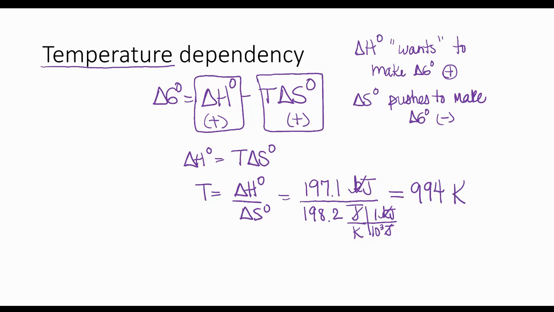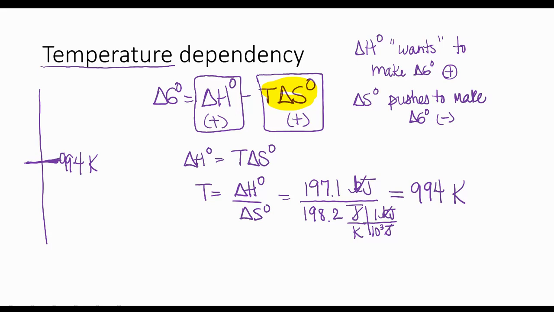Now, what I like to do is think of this in a number line viewpoint, where here's my crossover temp, 994 kelvins. That's where it crosses over. And now let's think. To make this delta G negative, we want this term here to win, right?